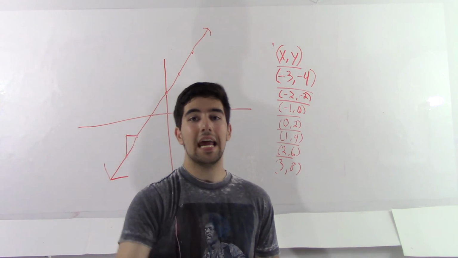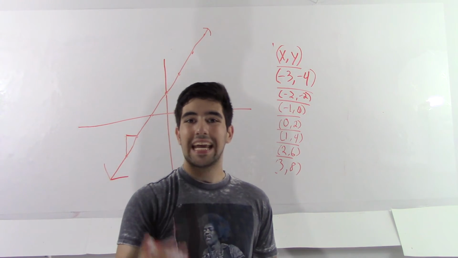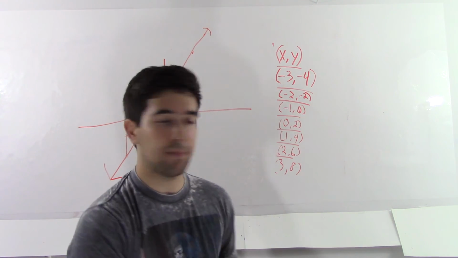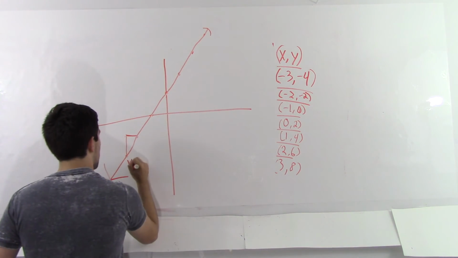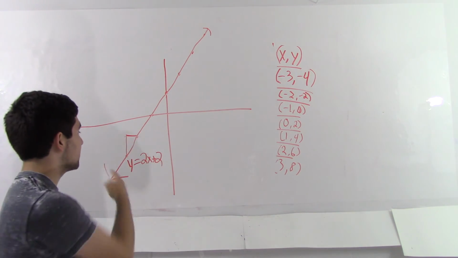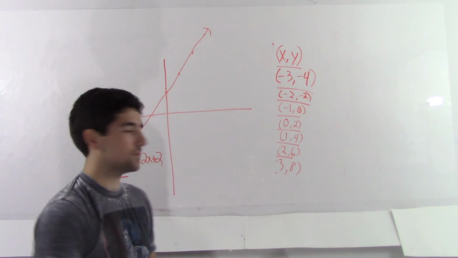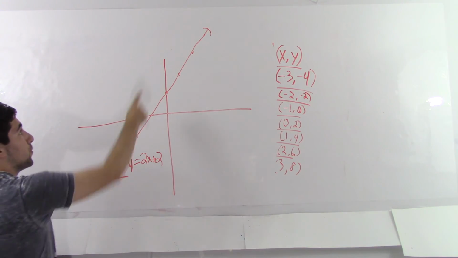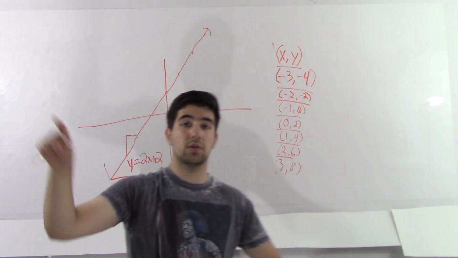Otherwise, the grader or the person reading your test isn't going to know what line that represents. So here we know the line equals y equals 2x plus 2, and then you're done. This line represents y equals 2x plus 2. And you want to make sure that you have the arrows pointing each side because it's a continuous line infinitely in each direction.